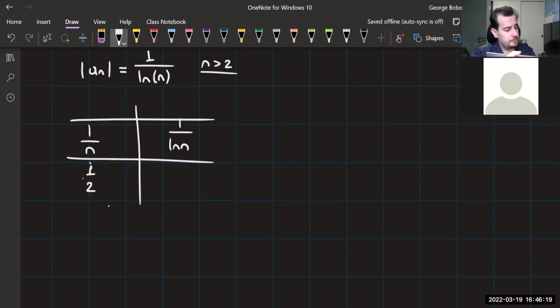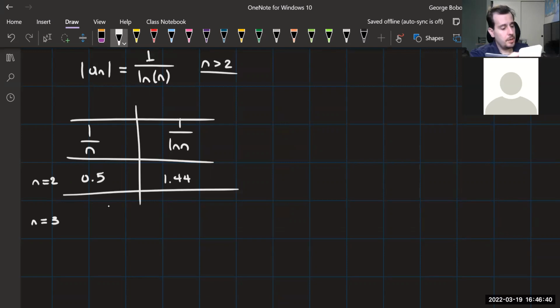What about the other one? 1 over ln of 2 gives 1.44. So this is 0.5, and the other is 1.44. If I plug in 3, I get 1/3, which is 0.33, and for the other, 1 over ln 3, which is 0.91. And so on and so forth.